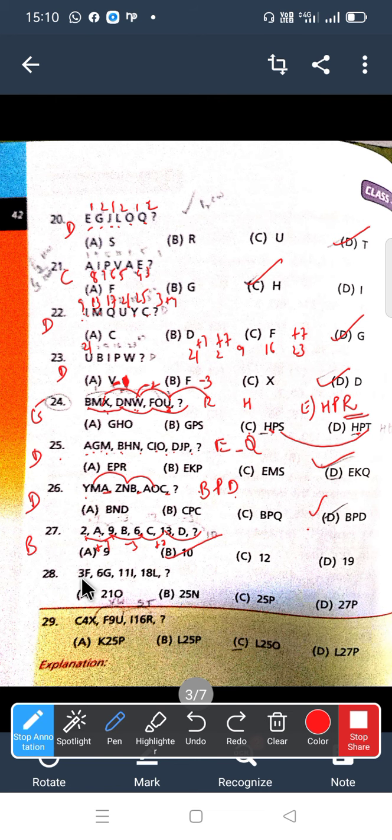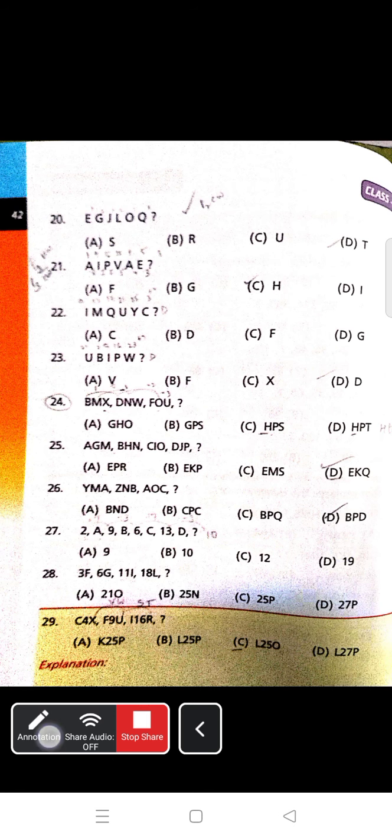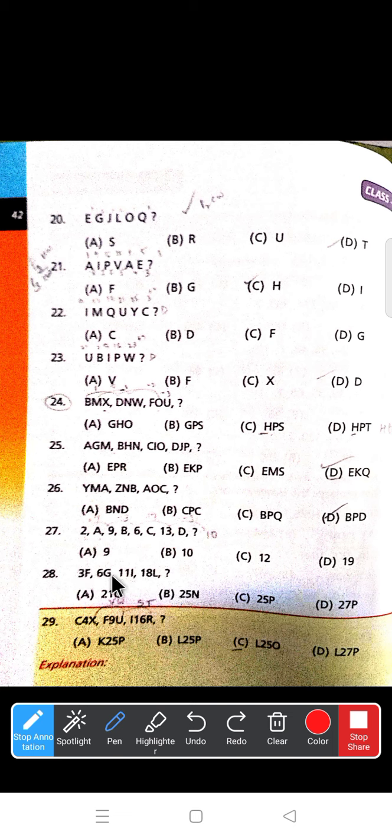Coming to the 28th one, 3F, 6G, 11I, 18L. See children, now 28th, F, G, I, L is there.